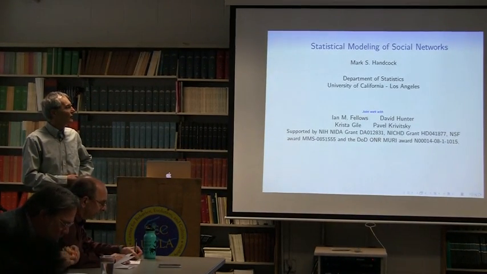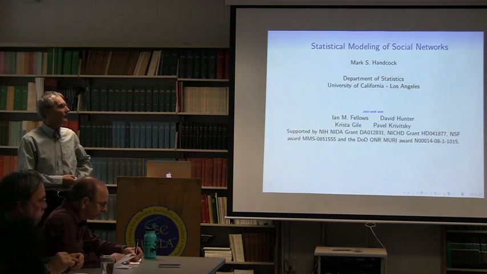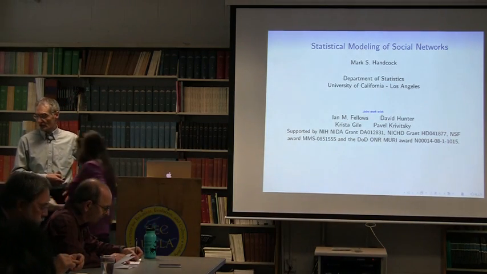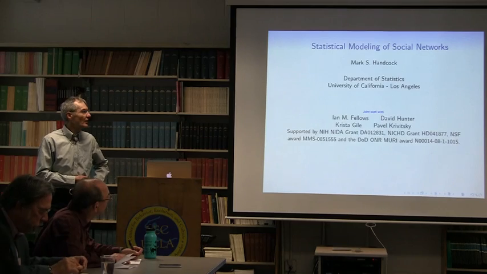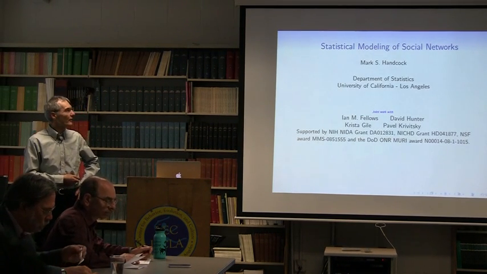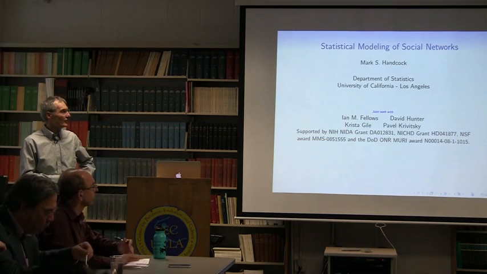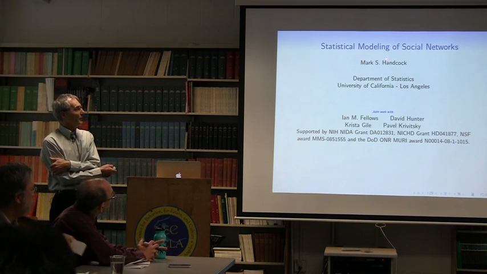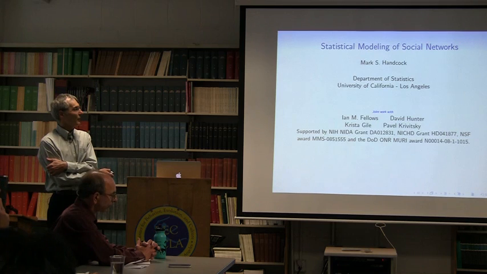As a result, I think there's an enormous amount of interplay between the statistical ideas and the social scientific ideas, which has had great positive influences on both sciences. All right, so what I'm going to give today is an overview of this perspective on social networks.